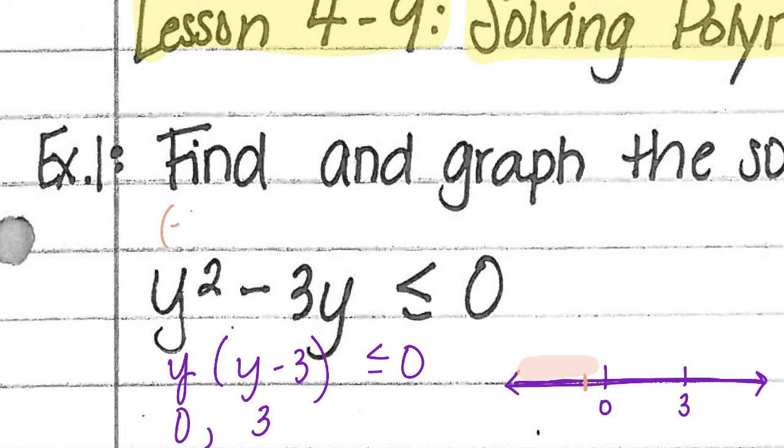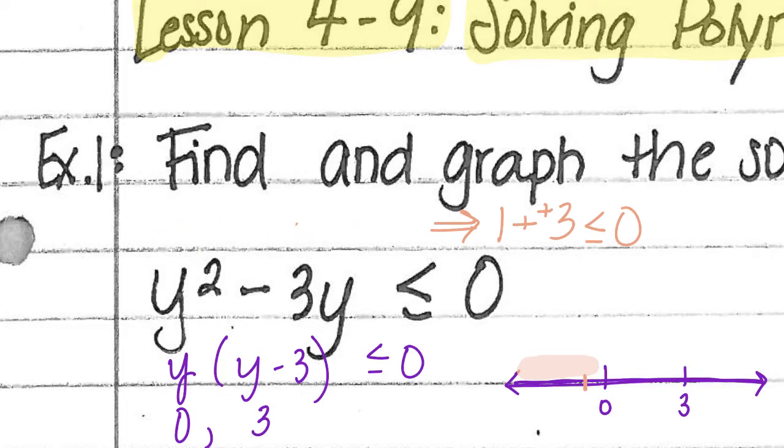If I plug in -1 here, is it true that -1 squared minus 3 times -1 is less than or equal to 0? Well, let's see. -1 squared is 1. 1 minus 3 times -1 is 4. Is this less than or equal to 0? No, so I'm not going to graph anything in that section.